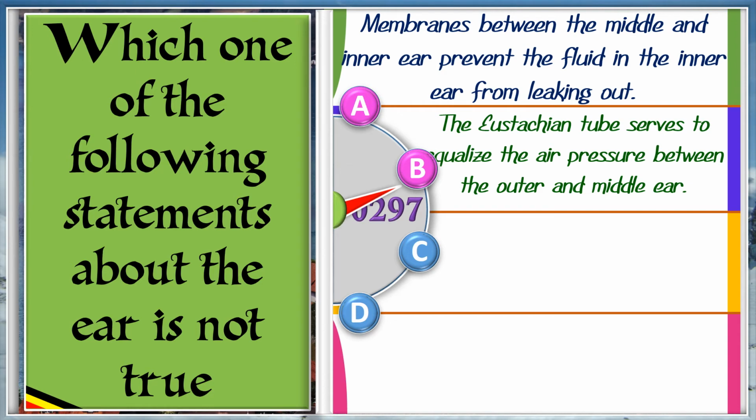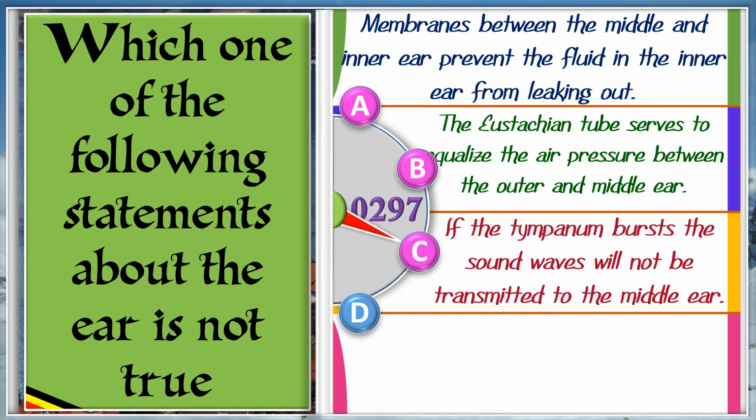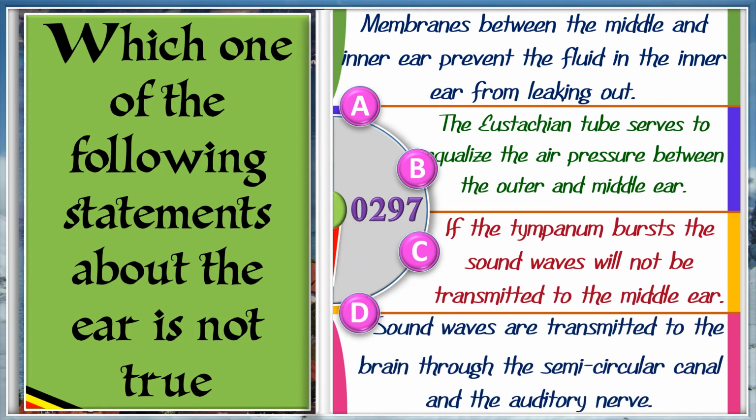C, if the tympanum bursts, the sound waves will not be transmitted to the middle ear. D, sound waves are transmitted to the brain through the semicircular canal and the auditory nerve.